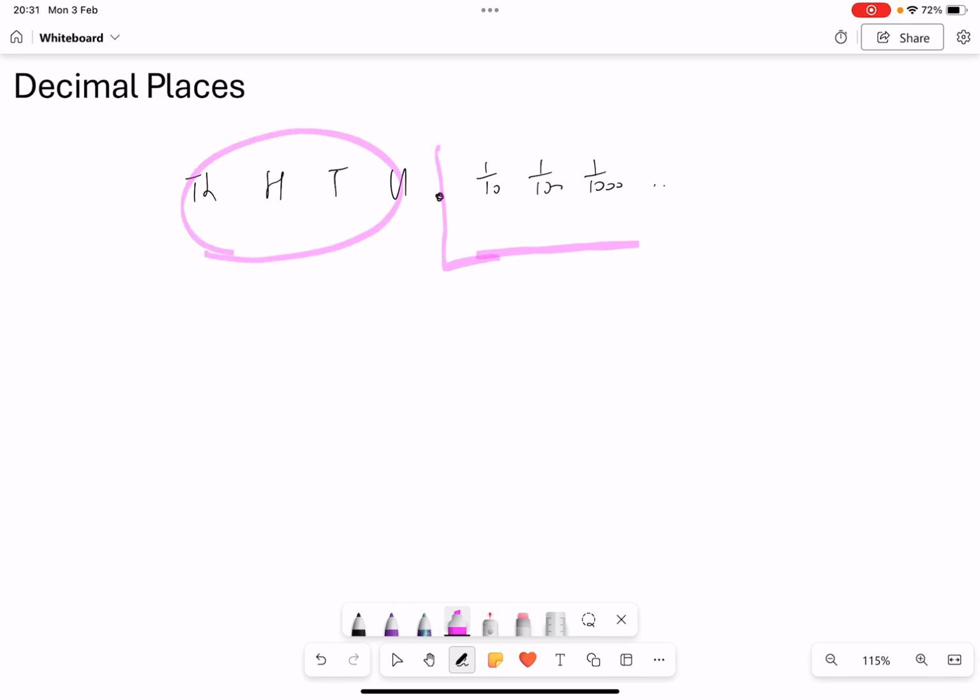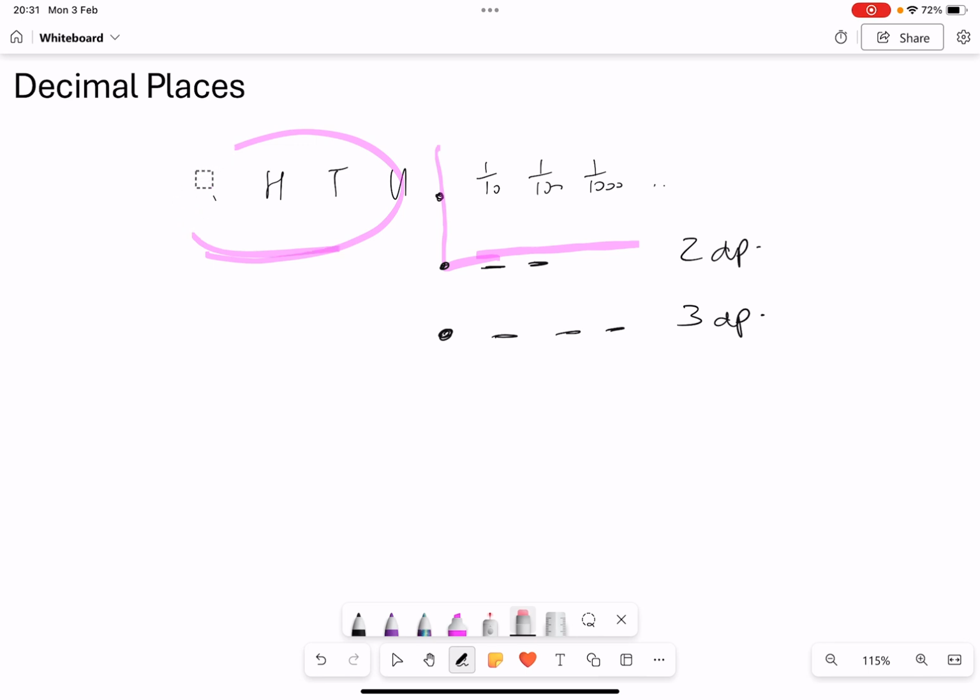These numbers before the decimal will never change, so it's only the ones after, and the question will always tell you how many decimal places to work to. So if you're working to say 2 decimal places, you're going to be allowed to have the decimal and then 2 numbers after that decimal. If you're working to 3 decimal places, it's the decimal and then 3 numbers after the decimal, and so on.